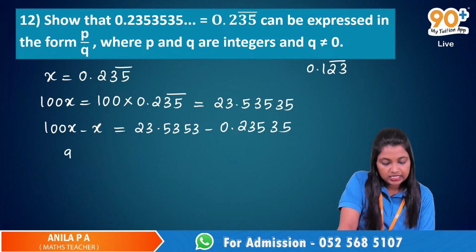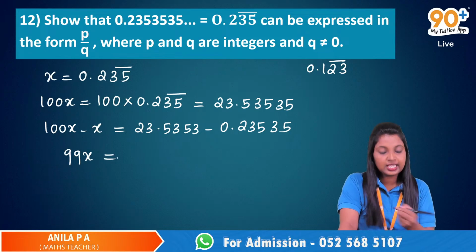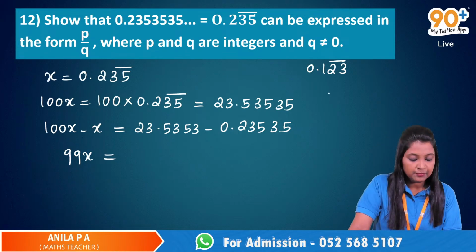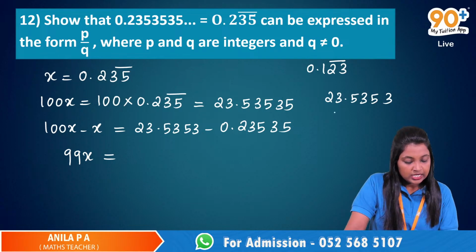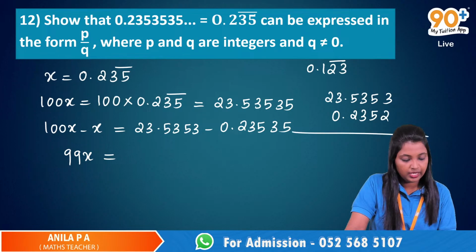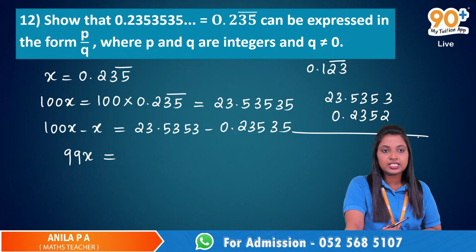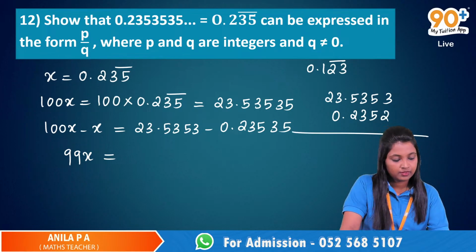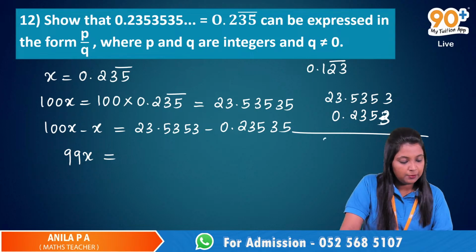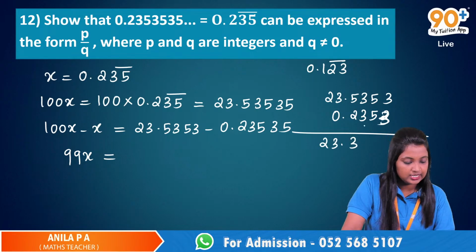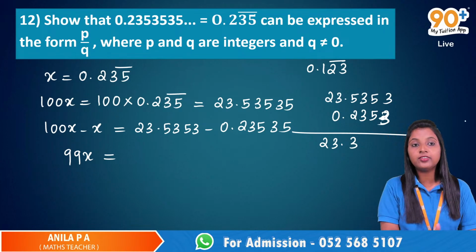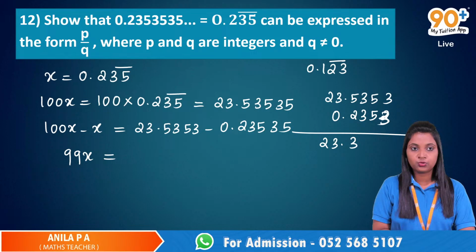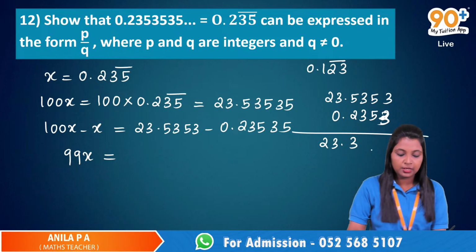When we subtract, we get 23.3. The other digits are the same, like 3535. The only difference is here, 5 and 2. So when we subtract, we get 23.3.